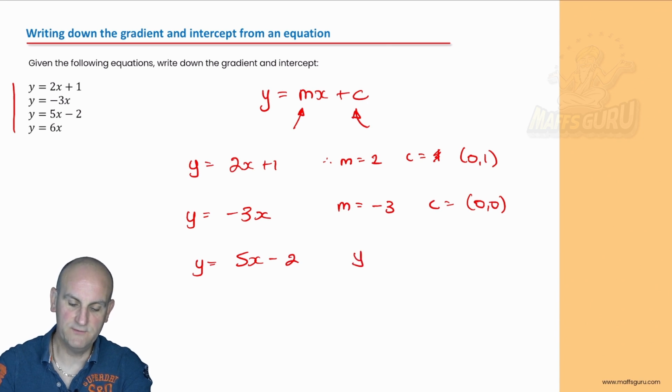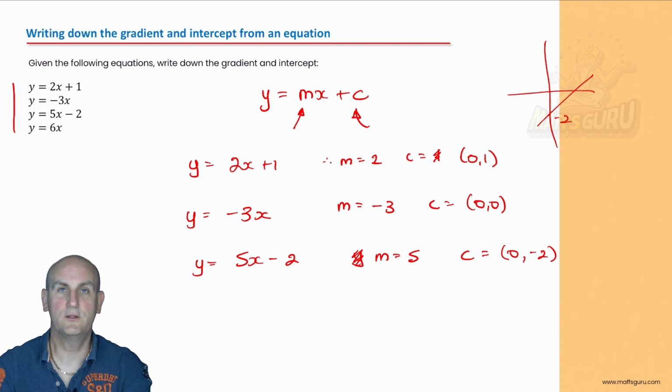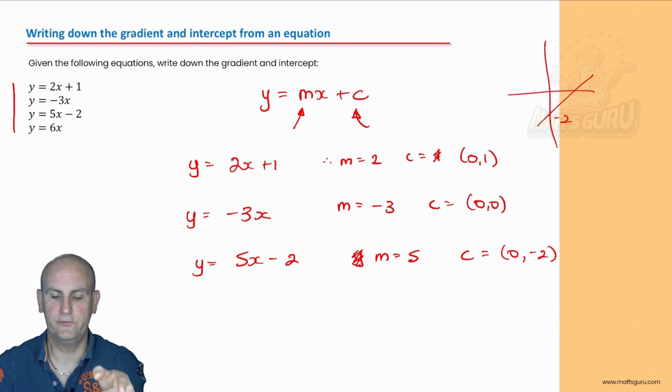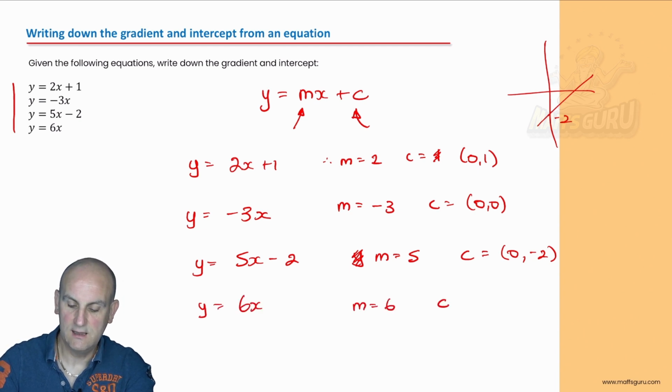So my value of m is equal to 5, and my value of c is equal to (0, minus 2). And remember, this is going to cross down here somewhere at minus 2, so the coordinate is none across, 2 down. And finally, y equals 6x, my m is equal to 6, and my c is once again equal to (0, 0).